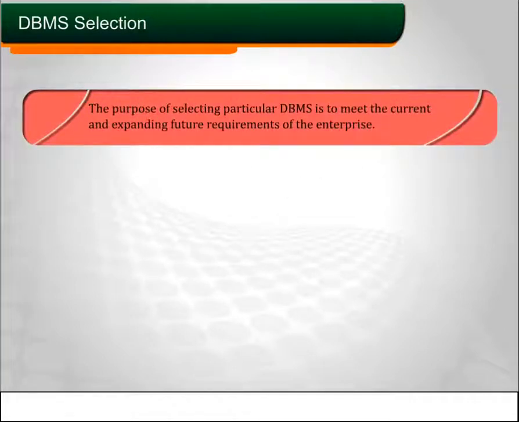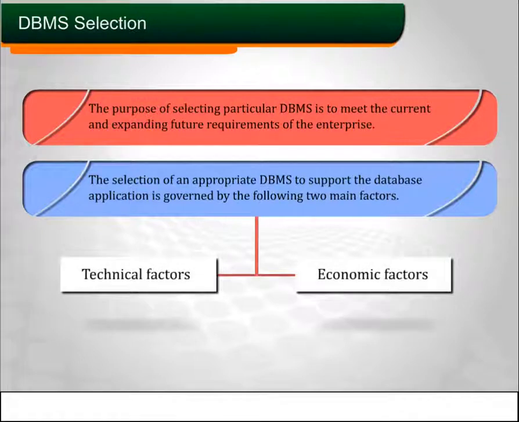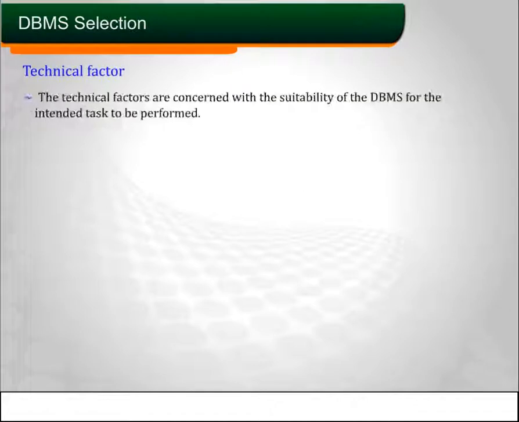DBMS selection. The purpose of selecting a particular DBMS is to meet the current and expanding future requirements of the enterprise. The selection of an appropriate DBMS to support the database application is governed by the following two main factors: technical factors, economic factors. Technical factor. The technical factors are concerned with the suitability of the DBMS for the intended task to be performed.